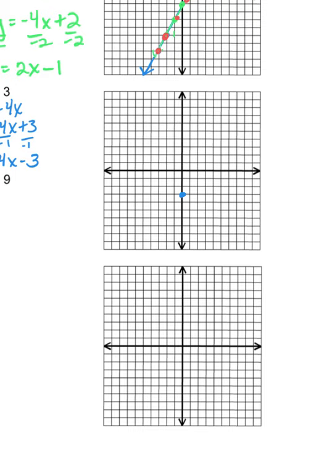So I go up 4: 1, 2, 3, 4 over 1. I can also go down 4 over 1. I'm not that great at drawing lines without a straight edge, but basically this is my line. That was my first line.